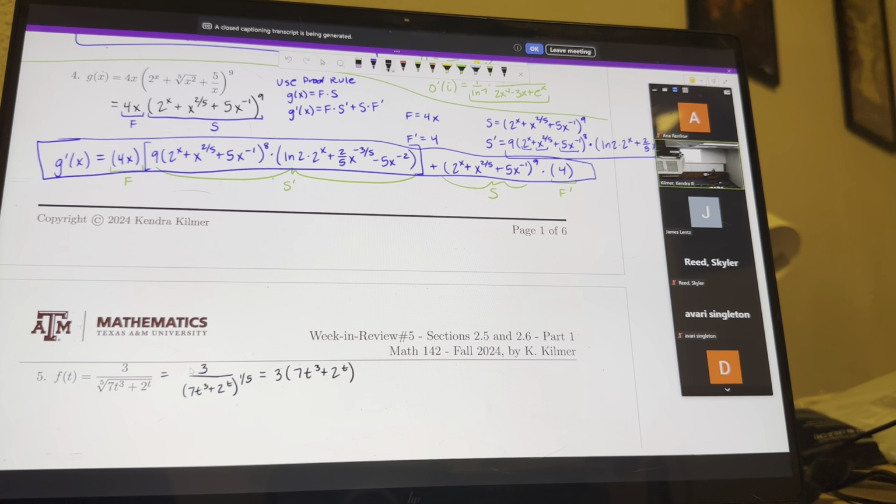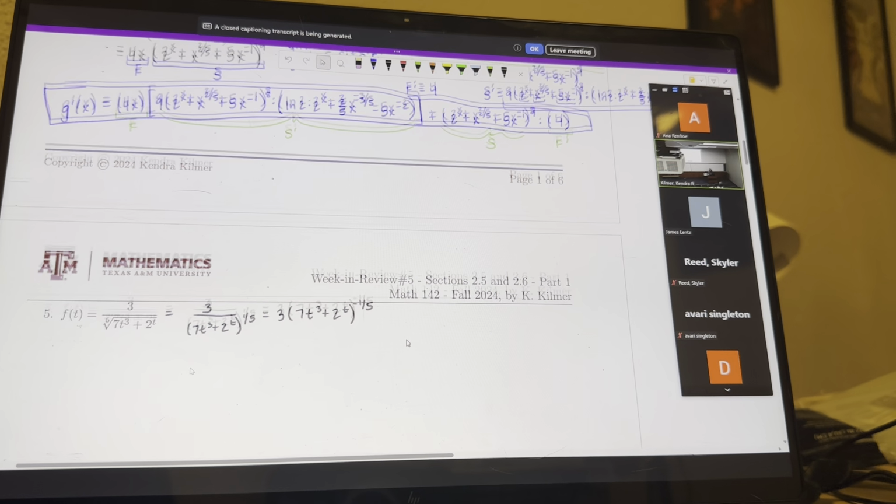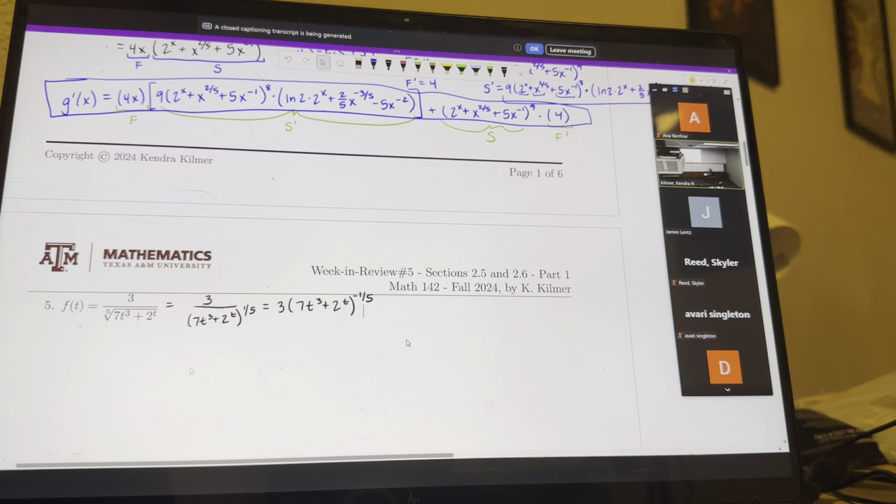raised to what power? Negative 1. Okay. And so now the question is, do I have to use the product rule?